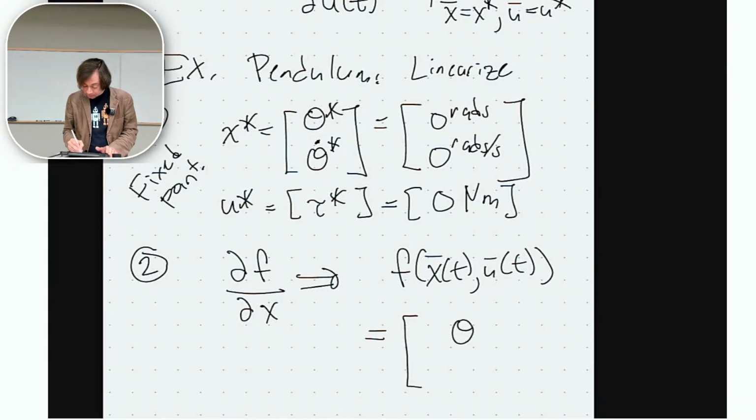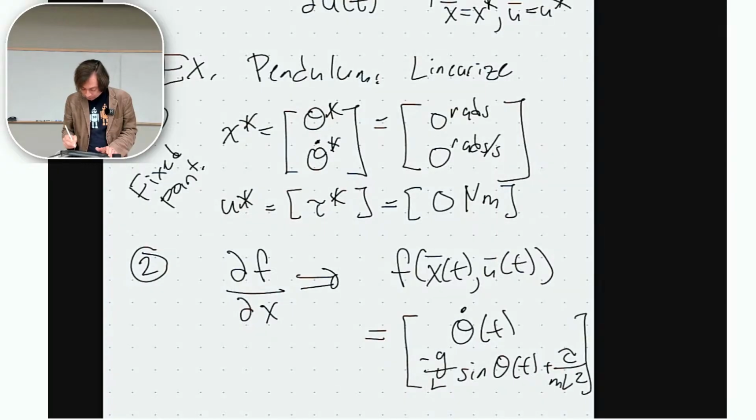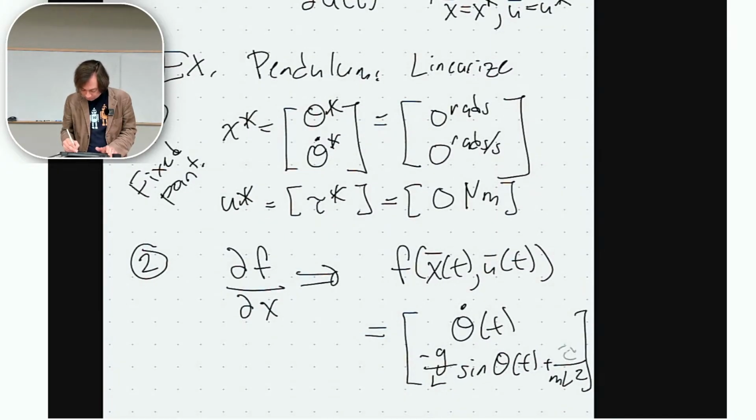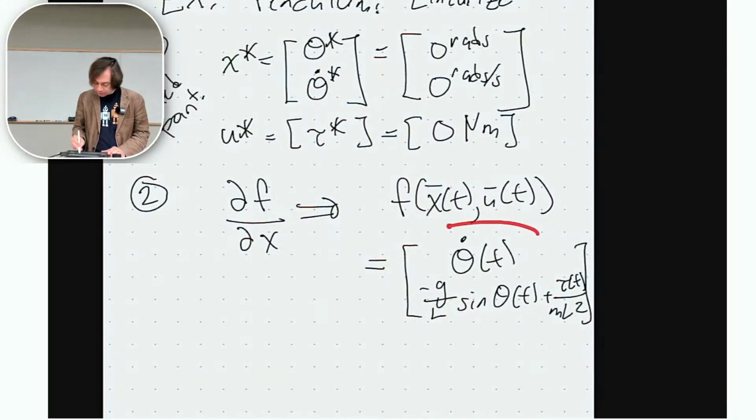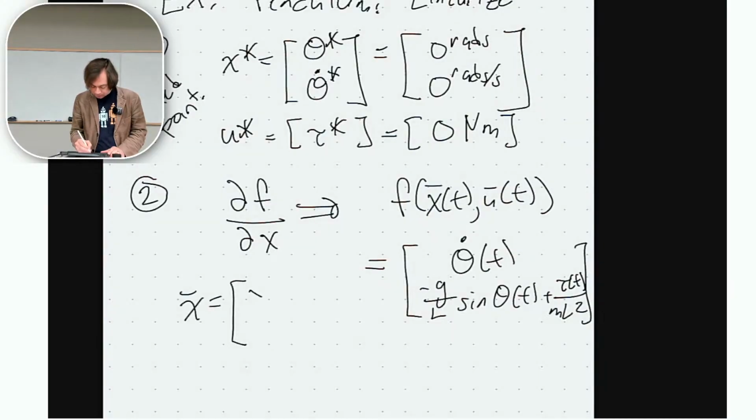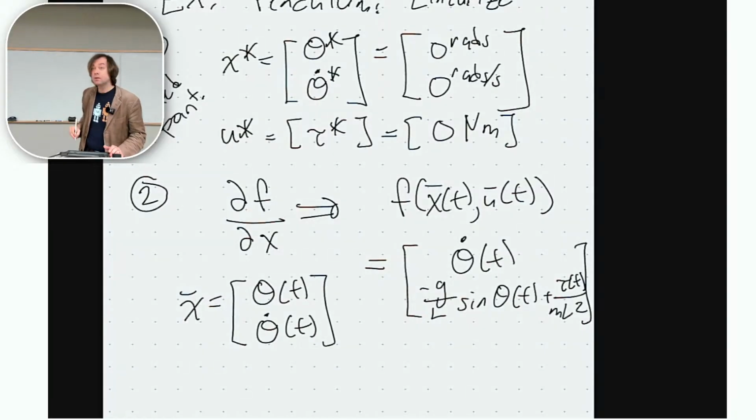It's got theta dot of t and minus g over L sine of theta of t plus tau over m L squared, and that's a tau of t. Okay. We need to take the derivative of this with respect to x, calling that x bar, which is theta of t and theta dot of t. Okay?